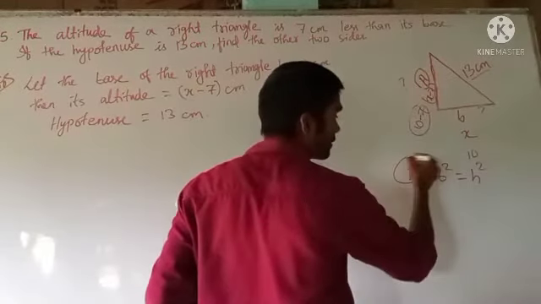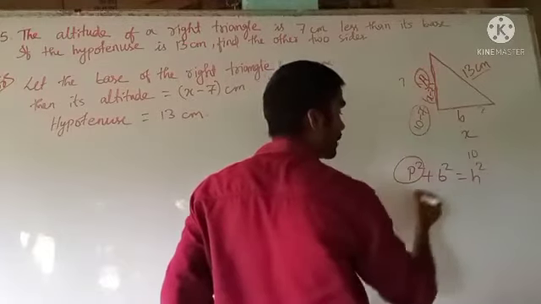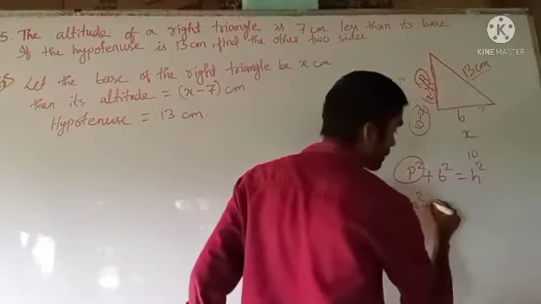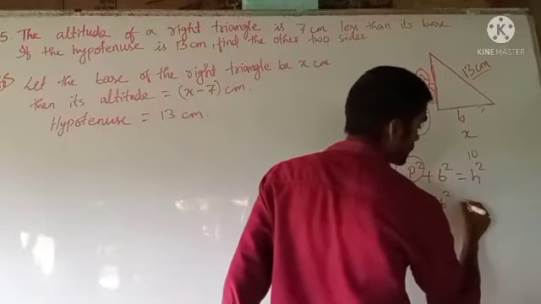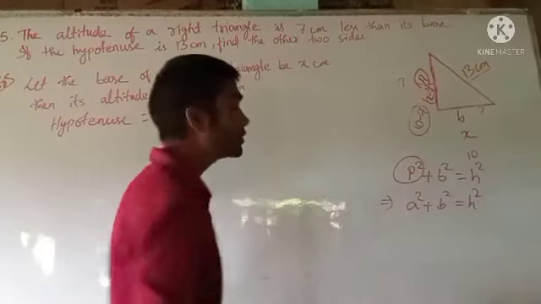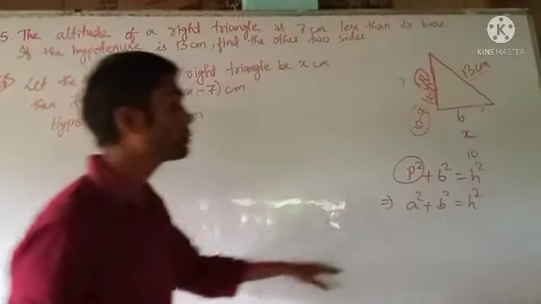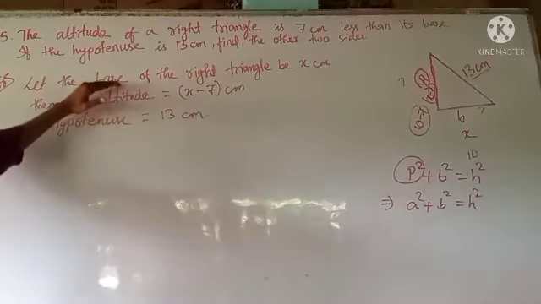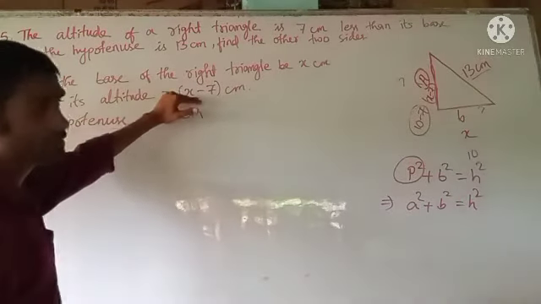Here instead of perpendicular, it says altitude, so perpendicular and altitude are the same. So altitude square plus base square is equal to hypotenuse square. We'll use this formula and then obtain the value of x, where we can get the value for the base and also the altitude.